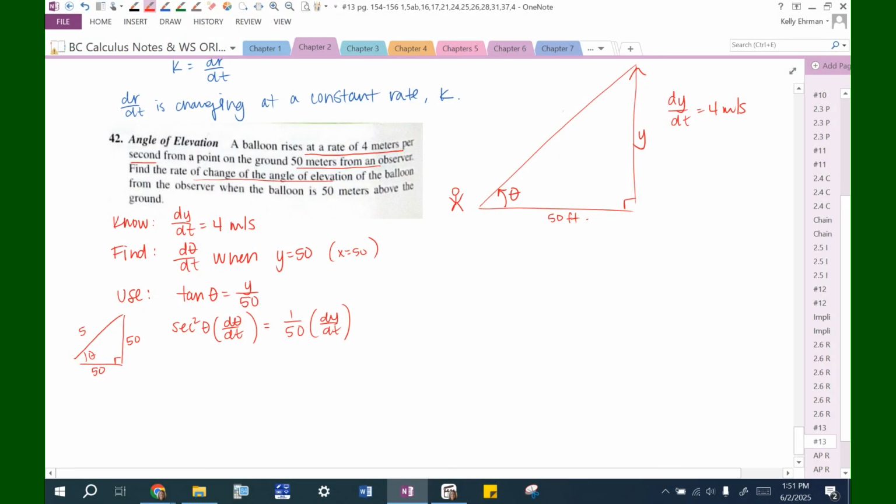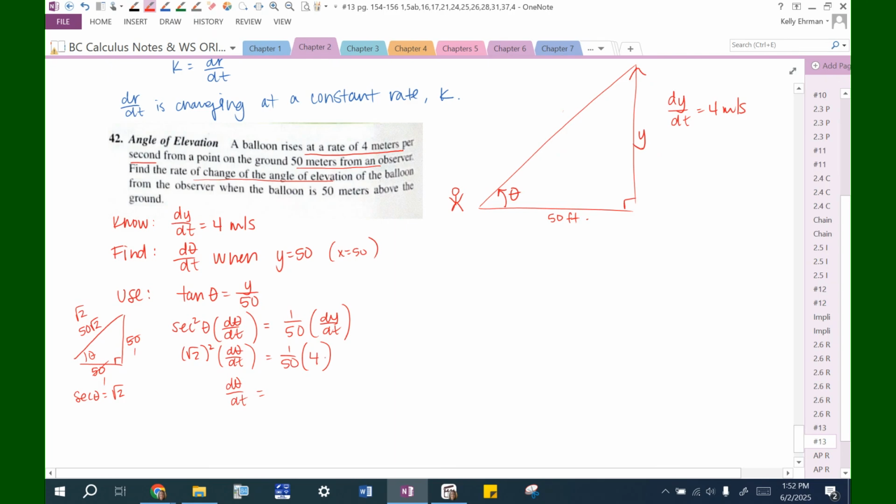I could just say the hypotenuse is the leg times radical 2. Or these can be reduced, whatever: 1, 1, radical 2. Because secant theta then is hypotenuse over adjacent. It's radical 2. So this is radical 2 squared, which is just 2, times d theta/dt is equal to 1/50th times dy/dt. That was given to me as 4 in the problem.